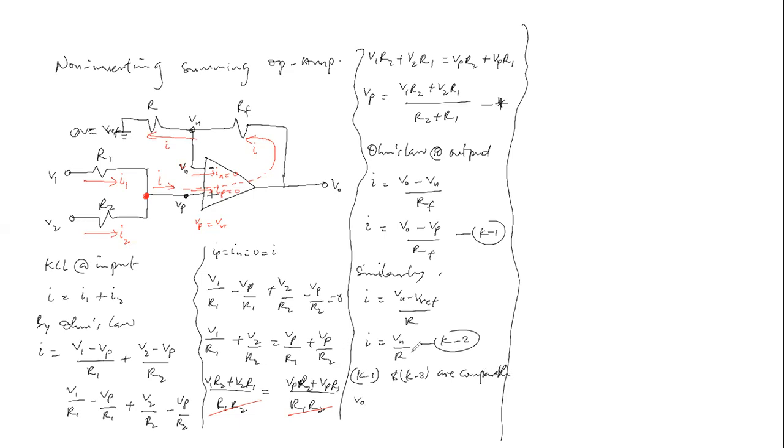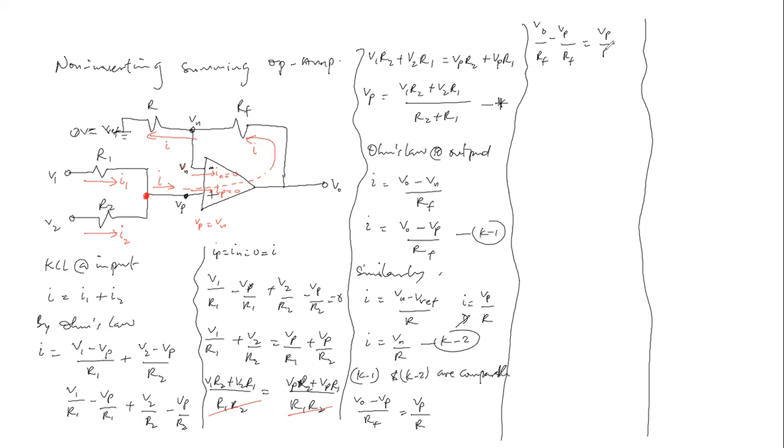Therefore, V0 minus V sub P by R sub F is the same as Vn divided by R, and in this case Vn is the same as Vp by the voltage constraint, so we can replace it: I is the same as V sub P divided by R. So V0 over R sub F minus Vp divided by R sub F is the same as V sub P divided by R.